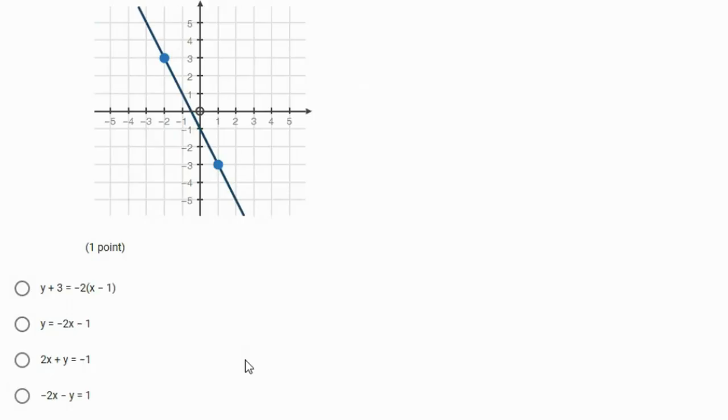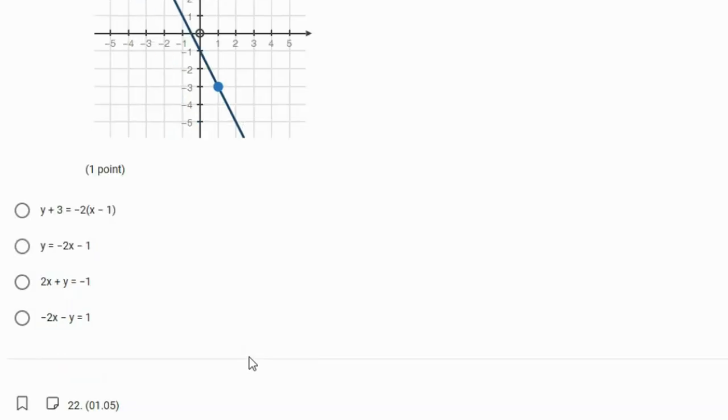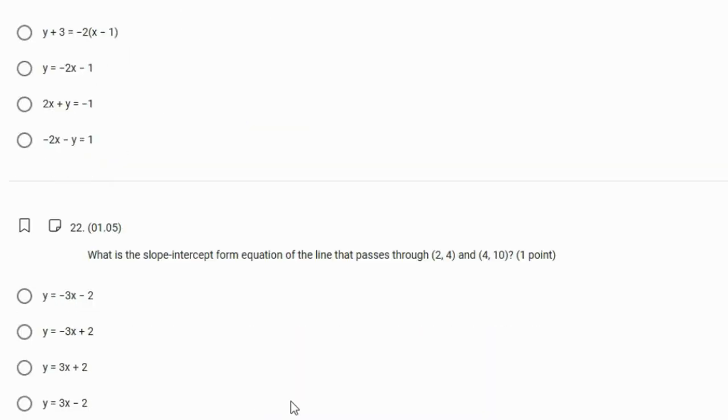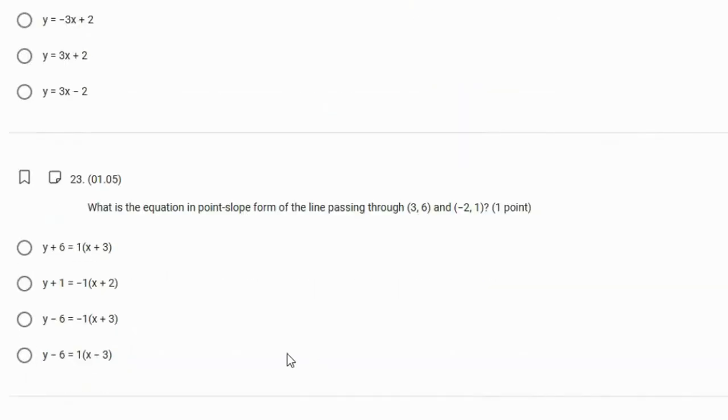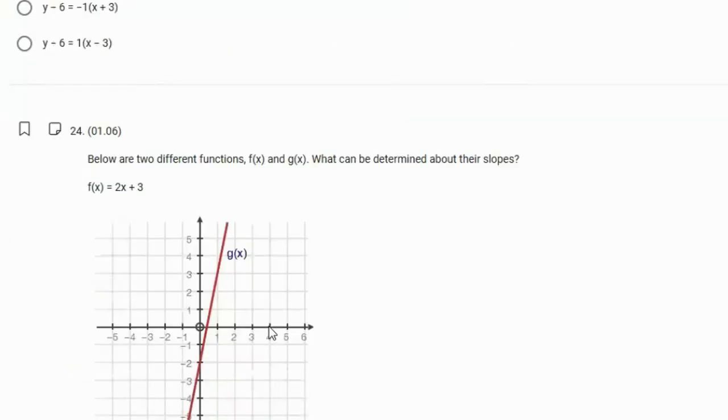Are those two different equations? Interesting. What is the slope intercept form of the equation that passes through these 2 points? You can always just graph it and see which one passes those 2 points, or you can solve that algebraically. What is the equation in point slope form of the line that passes through these 2 points? And these are all in point slope form.